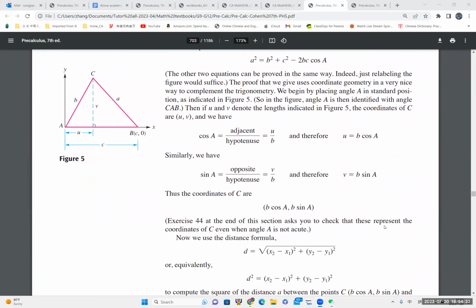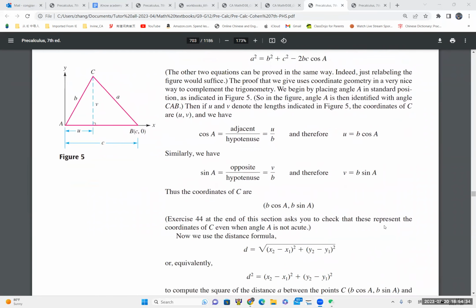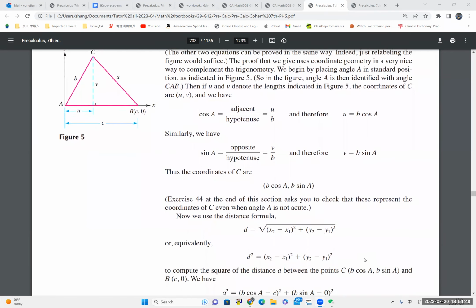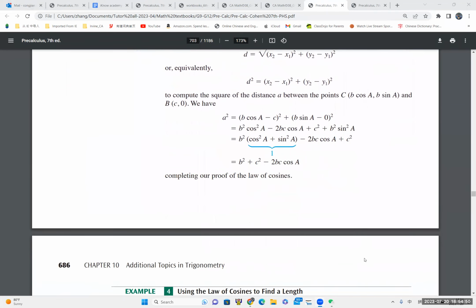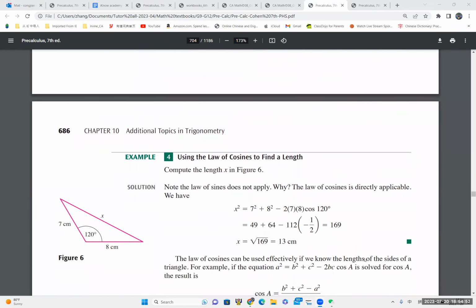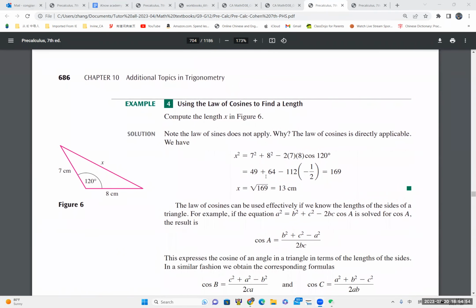Oh, they use the distance formula. Oh, okay. They make a coordinate system, then calculate the distance. Anyway, we'll ignore the proof. Then make sure you know how to use the rule.